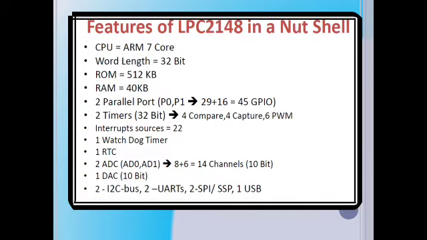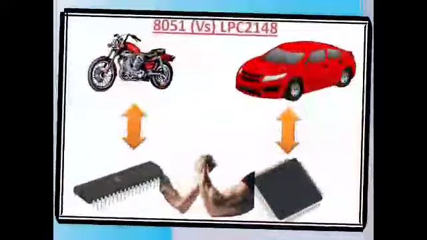It also has 22 interrupt sources, 1 watchdog timer, 1 real-time clock, 2 A to D converters, 1 D to A converter, 2 I2C buses, 2 UARTs, 2 SPI and SSP buses, and 1 USB port. These are some special features.